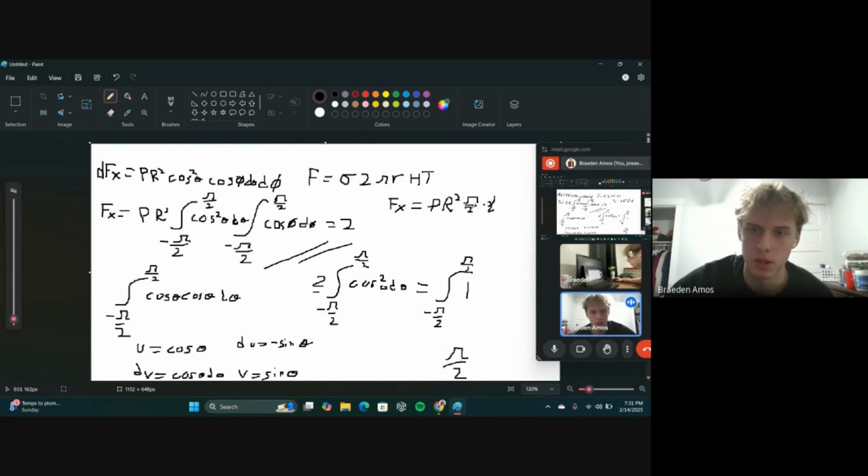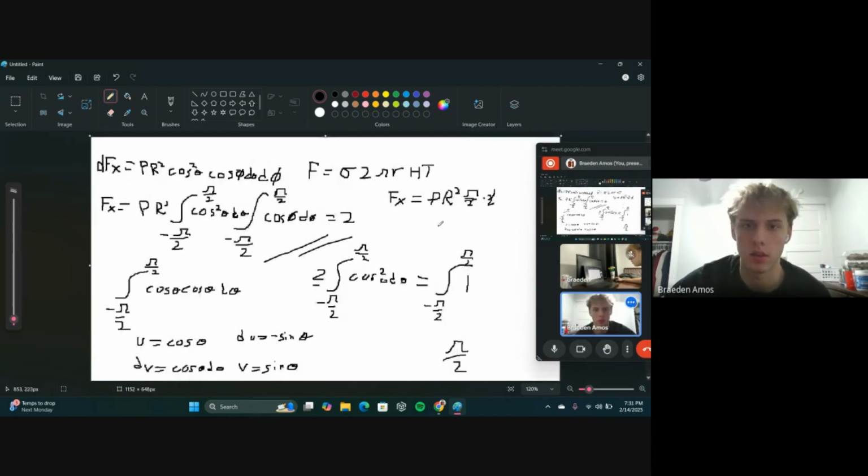So these will cancel out. So you get Fx equals pressure times radius squared times pi. Now we can set these two equations equal to each other and then solve for the thickness.